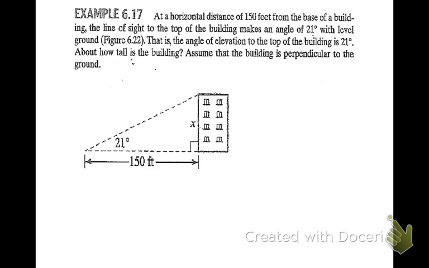All right. So which function am I going to use to calculate x? Shatis? You could use the tangent function? Yeah, we're going to use tan because we know the opposite and the adjacent. So we're going to say tan of 21 degrees is equal to x over 150.